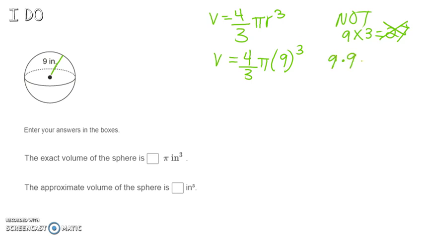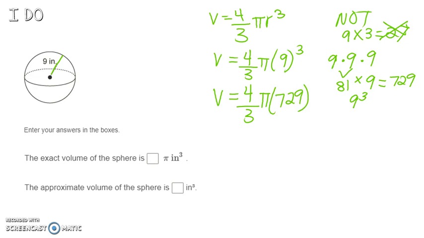It is 9 times 9 times 9. 9 times 9 is 81, and then 81 times 9 is 729. So 9 to the third power is 729. Our volume is 4/3 pi times 729.